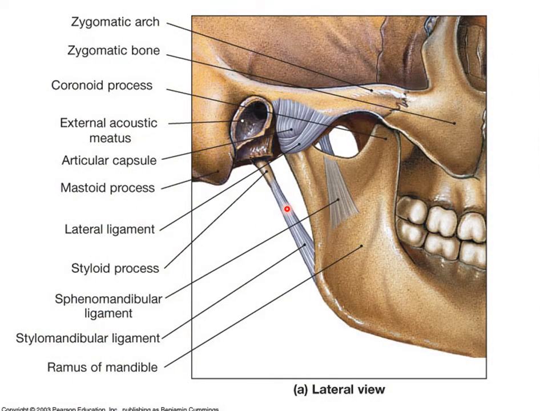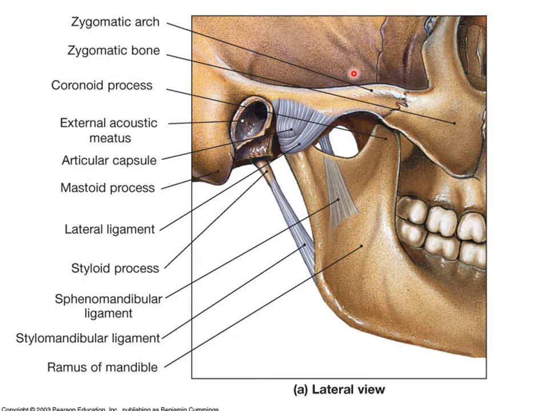Also, we can see from this lateral view that this is the styloid process, this is the stylomandibular ligament, this is the sphenomandibular ligament, this is the sphenoid bone, and this is the mandible. This is the lateral ligament, this is the articular capsule, this is the condylar head, and this is the coronoid process of the mandible.